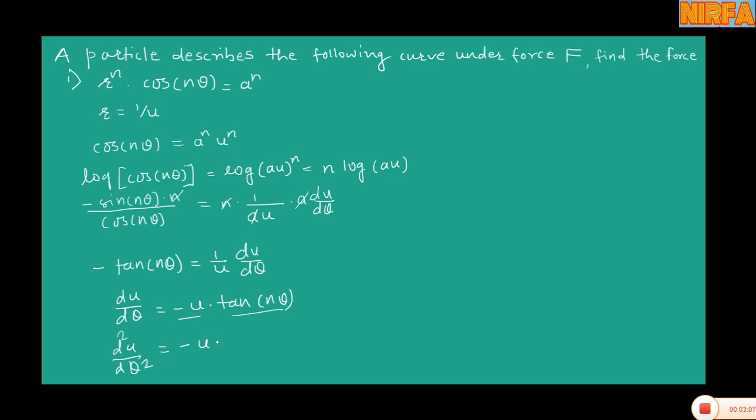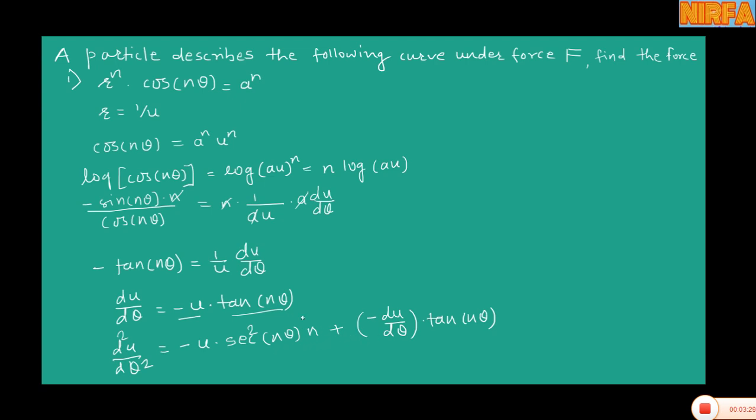First function as it is, derivative of tan is sec square n theta, derivative of n theta is n, plus derivative of first function, that is minus du by d theta, and second function as it is, that is tan of n theta.